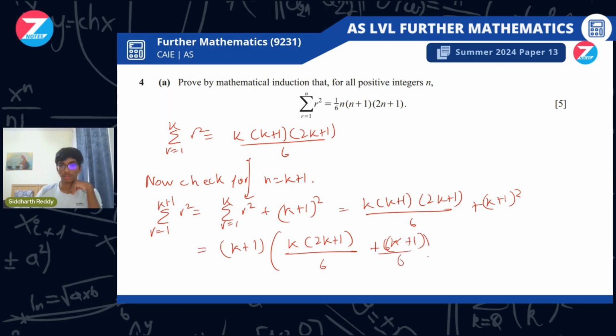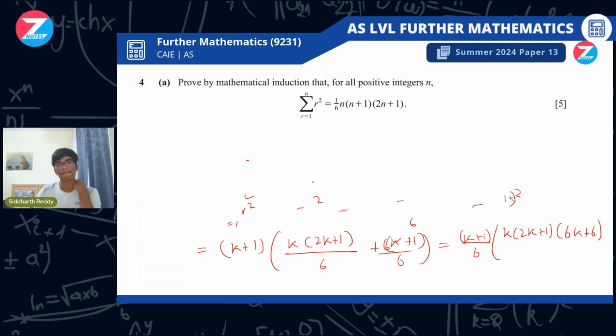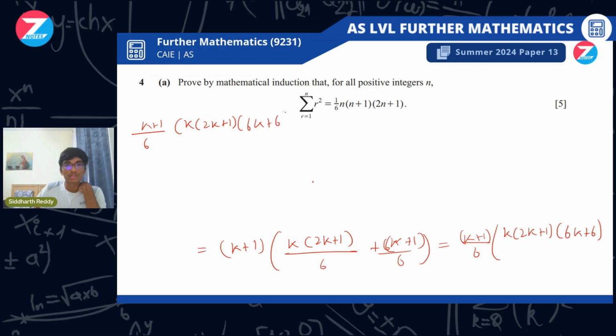So multiplying by 6 on top and bottom, we have k plus 1 by 6 into k into 2k plus 1 plus 6k plus 6.